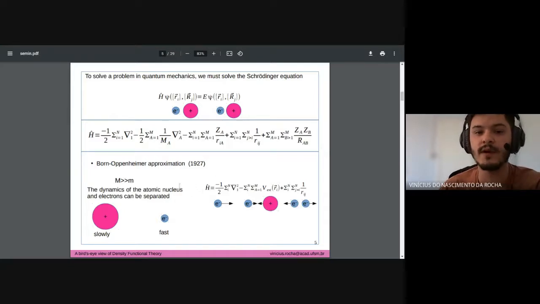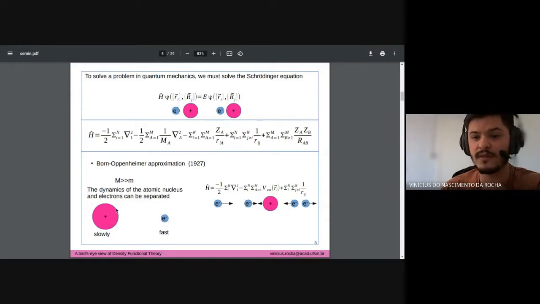One of the ways to simplify this problem is to simplify the Hamiltonian. So now we make our first approximation, the Born-Oppenheimer approximation. Here we consider that electrons move much faster than nuclei. Therefore, electrons change position almost instantly in response to changes in the position of nuclei.